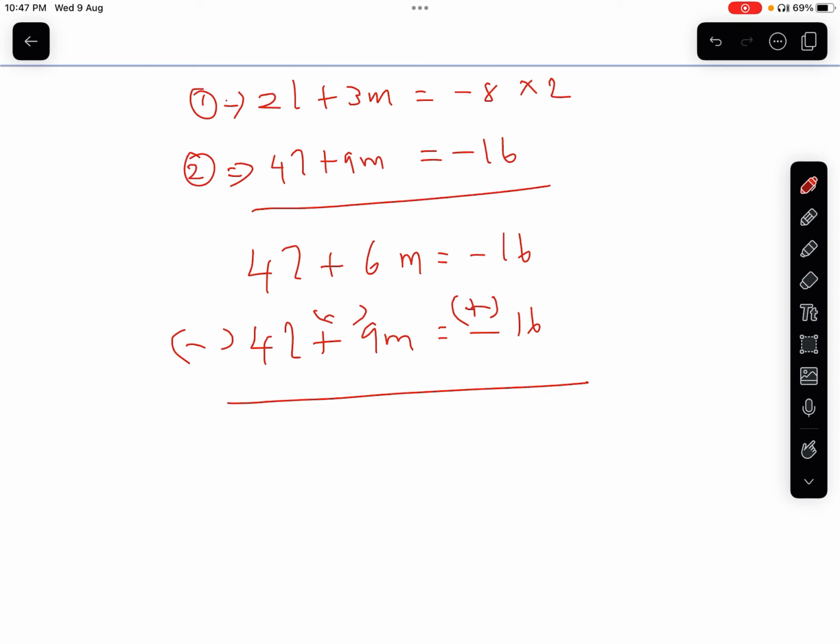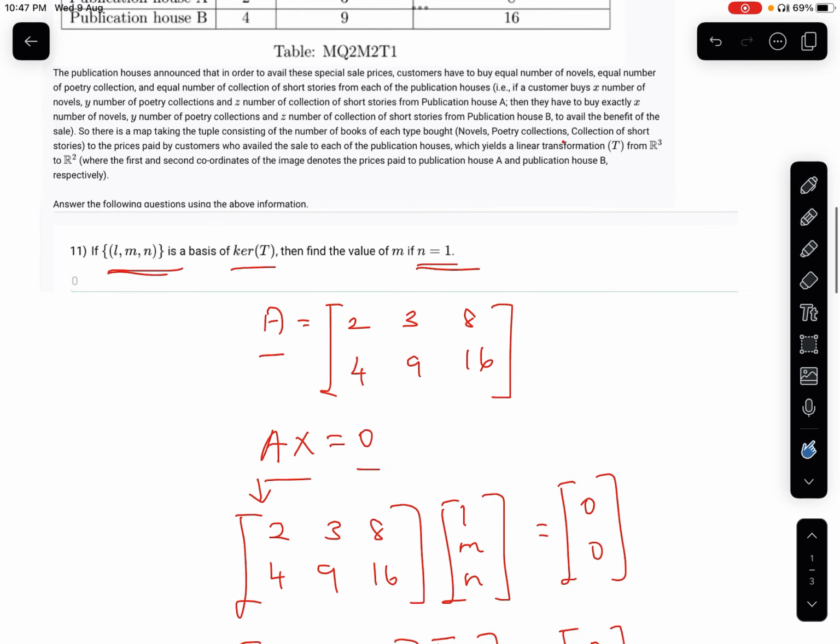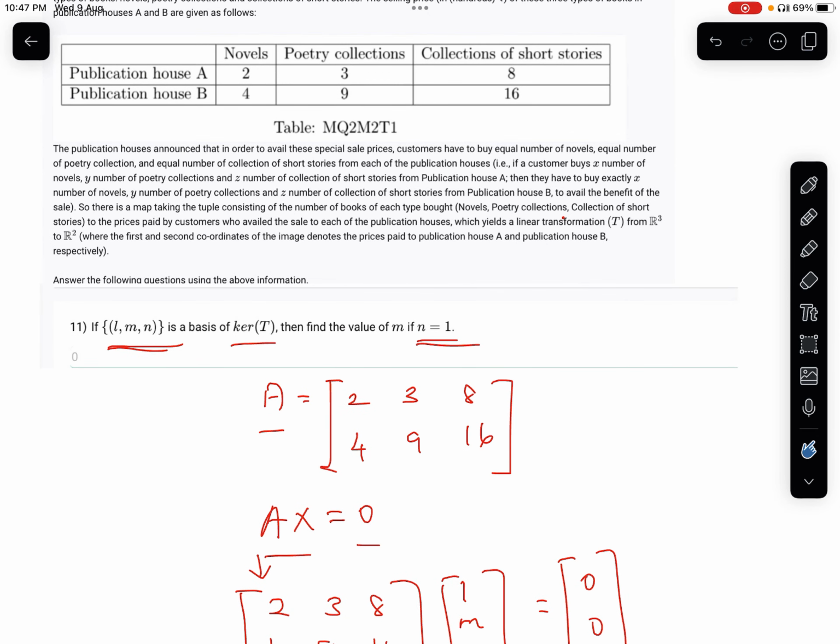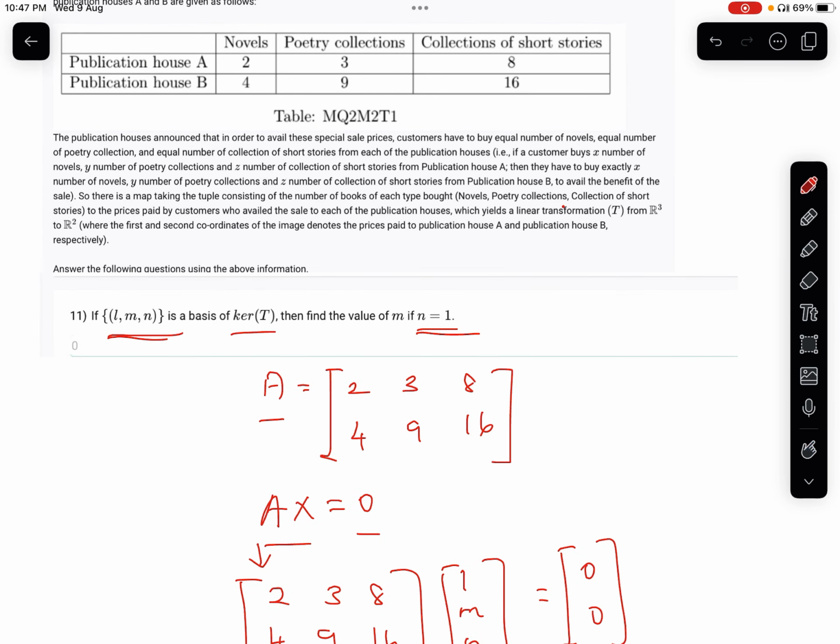So 4l and minus 4l get cancelled, and on the right side, minus 16 plus 16 gets cancelled, and 6m minus 9m gives minus 3m equal to 0. Dividing both sides by minus 3, we get m is equal to 0. Since the question asks to find the value of m, we have found the value of m as 0. Therefore 0 is the correct answer.